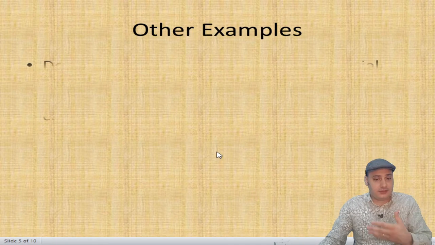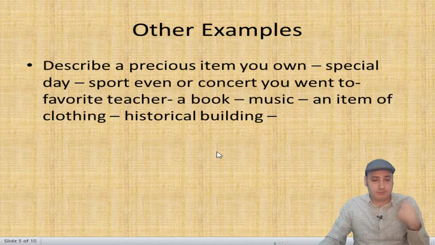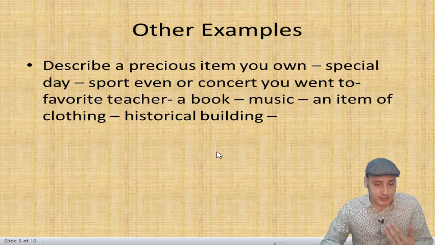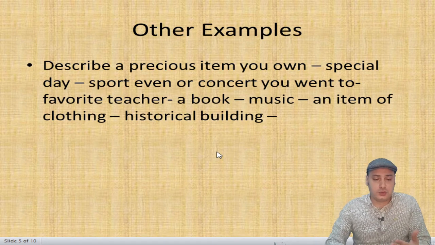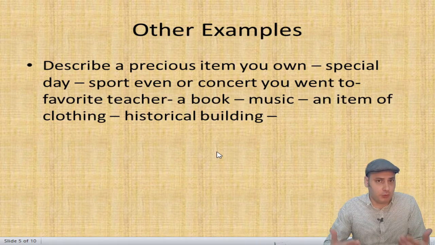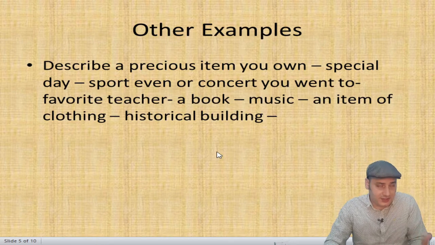And then we have other examples, could be describe a precious item you own, a special day, and then you have, of course, many questions under that. For example, special day: who did you spend it with, what was the occasion, etc. So you've got some other questions you need to cover.